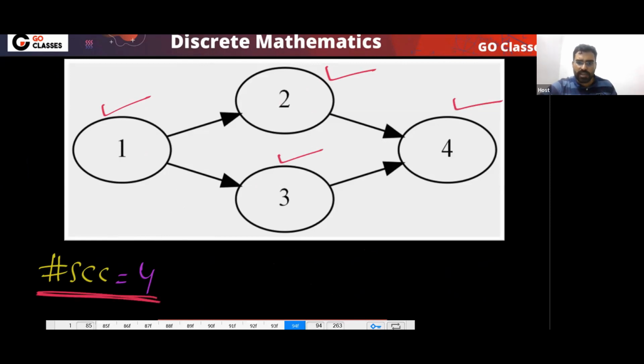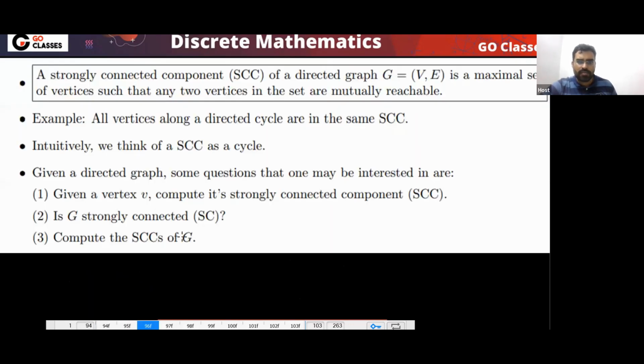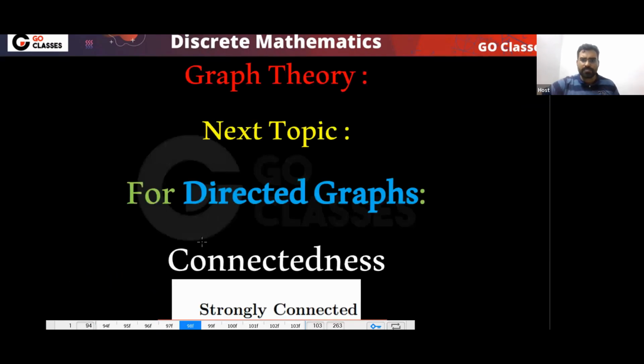So this is also not a strongly connected graph. So remember, intuitively, we think of a strongly connected component as a cycle. This is the complete thing that we have seen.